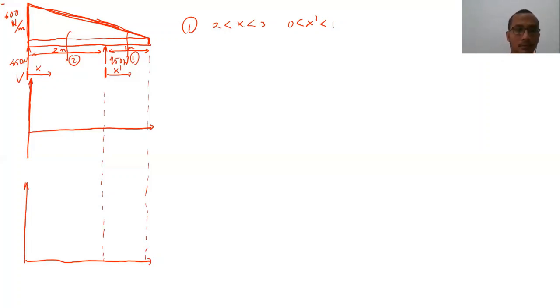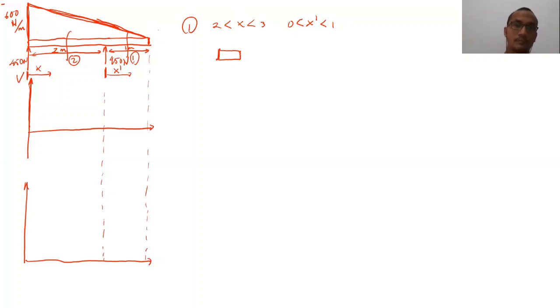Okay, now let's cut. We cut there, and we will use the right side of the cut because that one is simpler. Always use the simpler one. That's why what we will have here will be something like this.